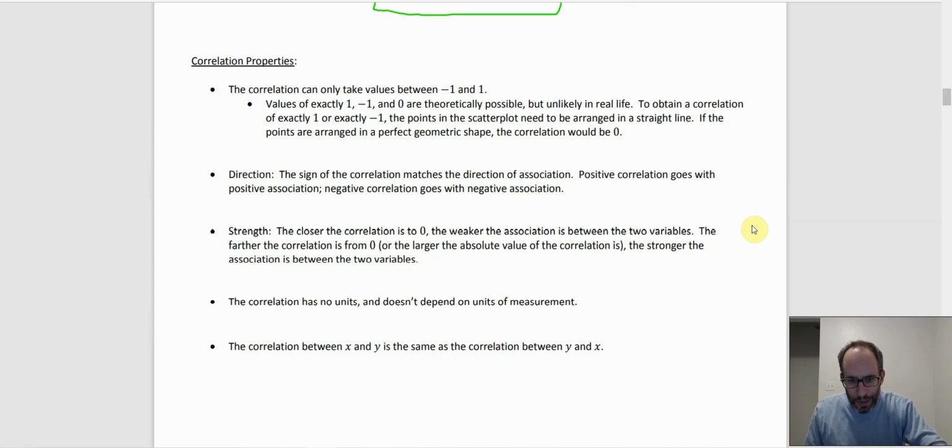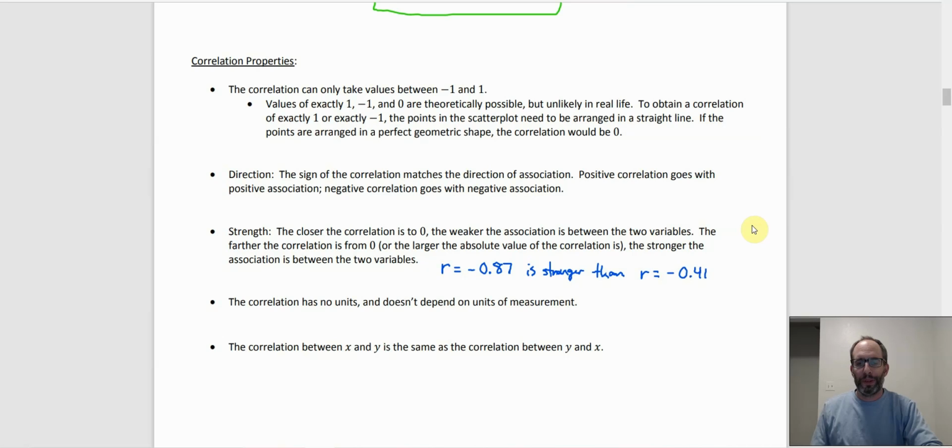So that would mean something like if you have a correlation of, let's say, -0.87, that is stronger than, let's say, r equals -0.41, since -0.87 is farther away from 0.